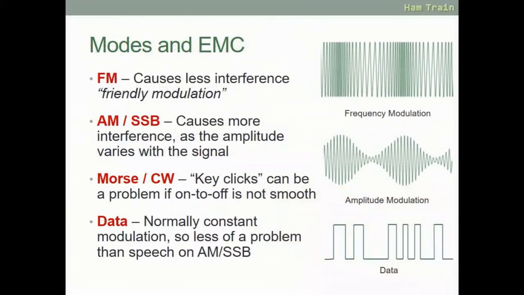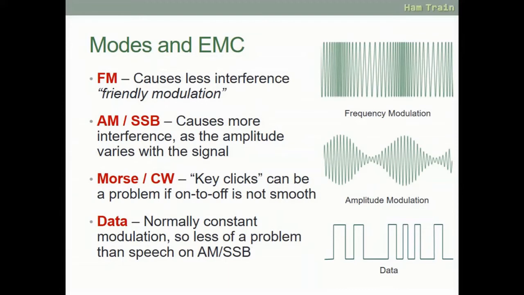Modes in EMC. So obviously we've mentioned modes in the past, and different modes can have different effects on the interference you can cause. So FM causes the least interference because it's frequency modulated, not amplitude modulated. It causes a lot less interference. With AM and single sideband, that's amplitude modulated, and that can cause greater interference.